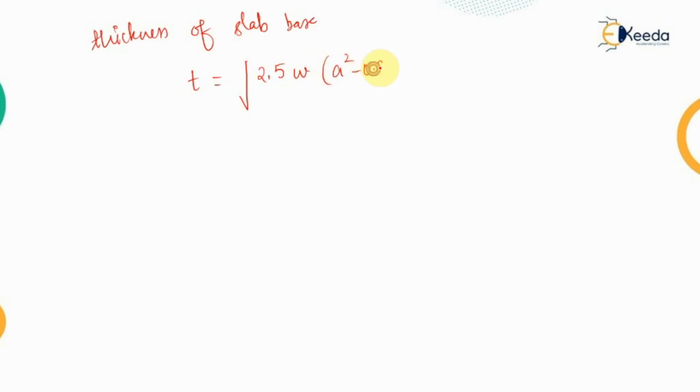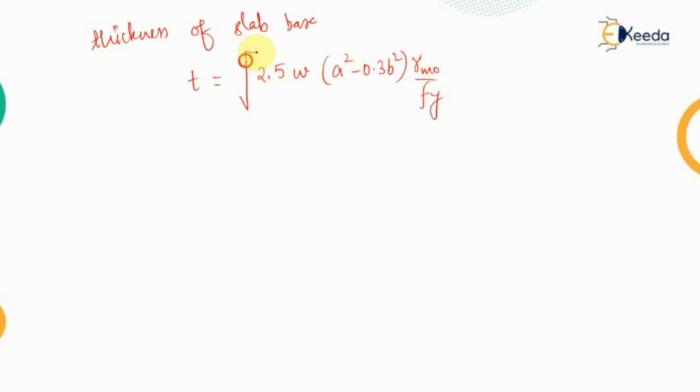Now calculating the thickness of the base plate. The thickness of the slab base is given by the formula t is equal to the square root of 2.5 w into (a square minus 0.3 b square) into gamma m0 divided by fy.